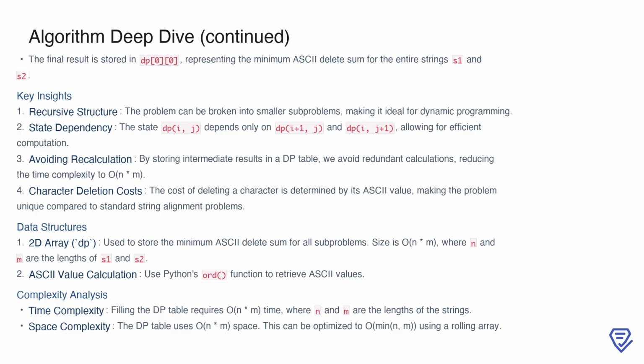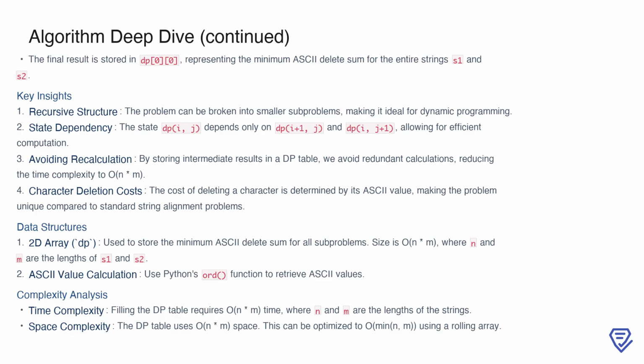Third, by storing intermediate results in the DP table, we avoid recalculating solutions for the same subproblems, significantly improving efficiency. This reduces the time complexity to O(n*m), where n and m are the lengths of the two strings. Additionally, the problem's unique aspect is that deletion costs are determined by ASCII values, distinguishing it from standard string alignment problems.